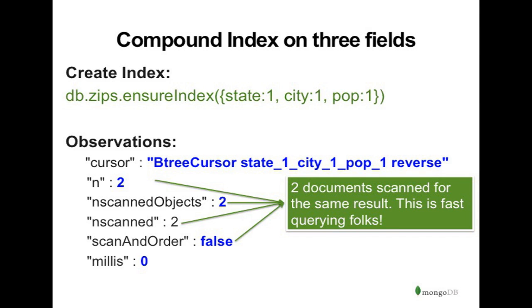My number of documents returned is still the same, but the number of scanned documents is down to just 2, and the number of index entries I visited is 2 to satisfy the 2 documents I returned. This is fast querying, folks. This is how I would tune my application. And my milliseconds is showing 0, but if you use a Java program, for example, you can really report lower granularity time units.